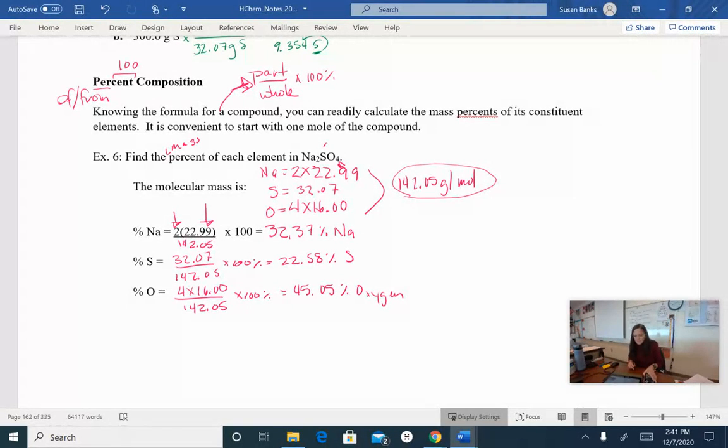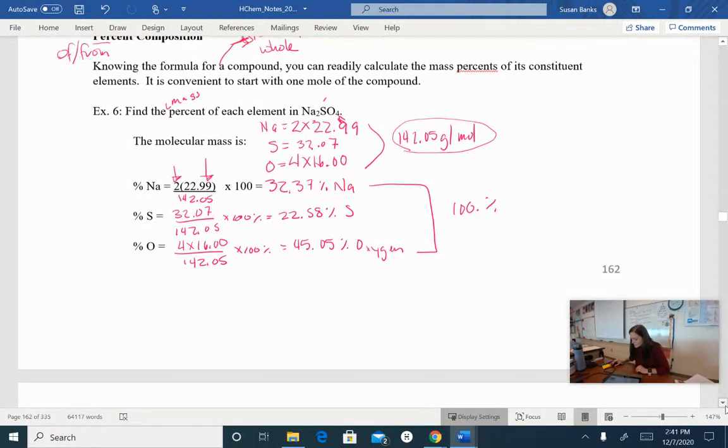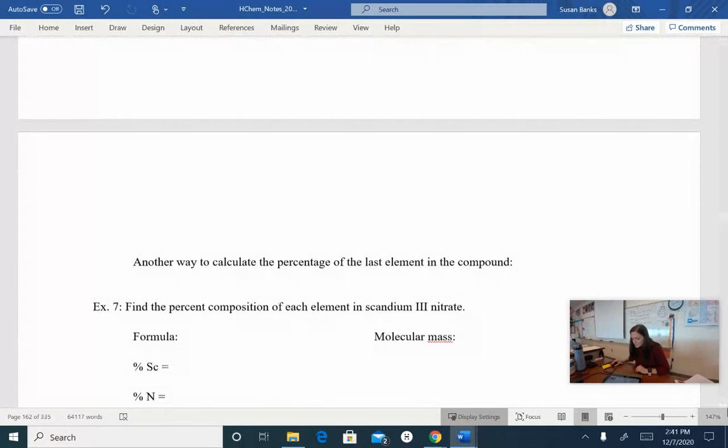Okay, now, if you want to check, all 3 of these, when they add up, should add up to 100%. Is there another way that I could have gotten the mass of that last element in the compound?